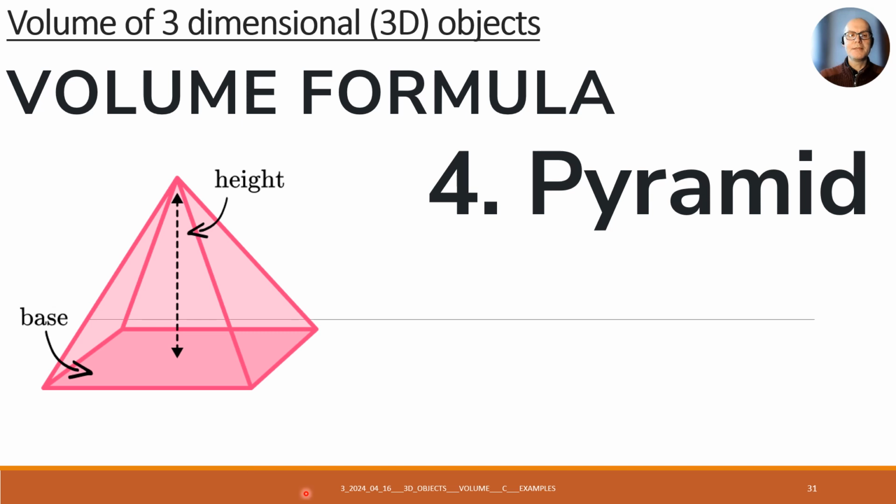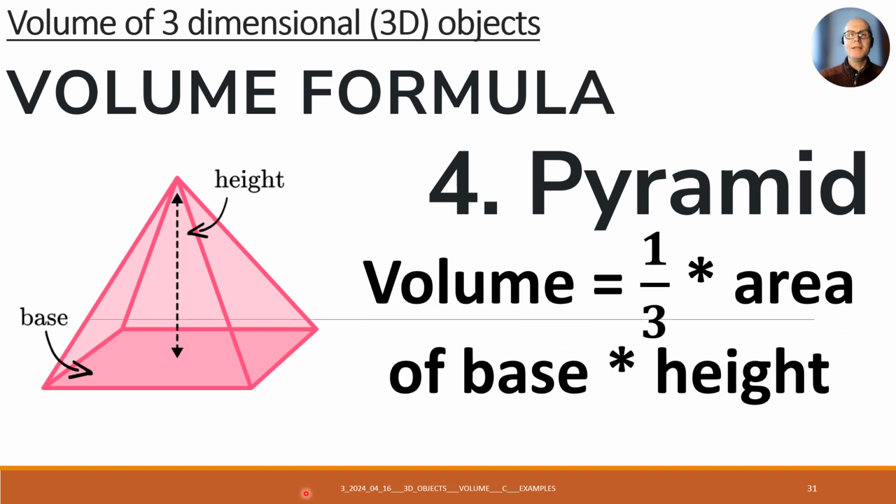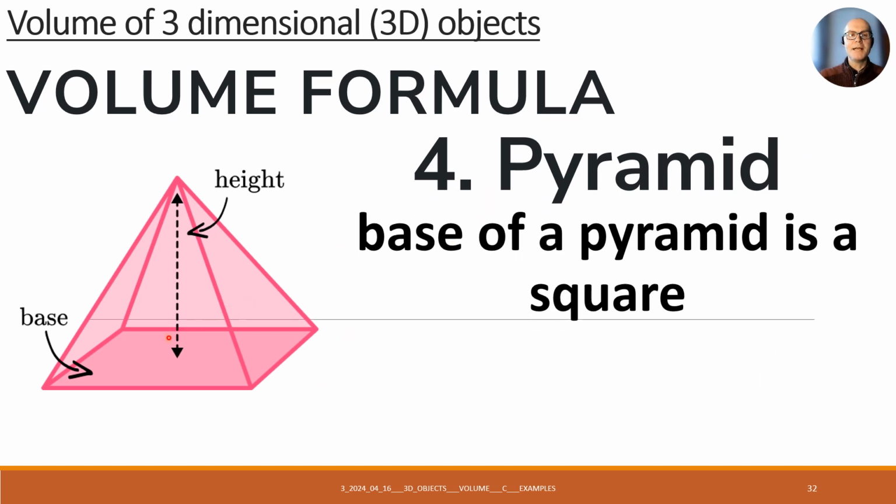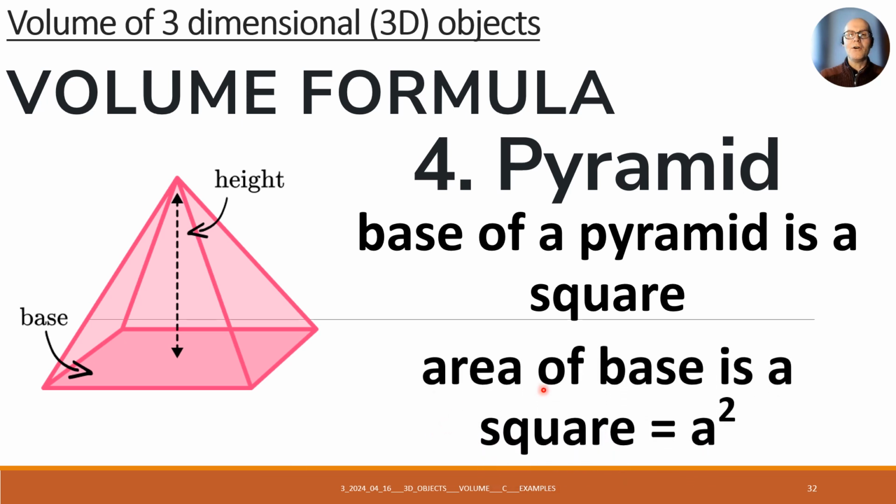Next example is a pyramid. Here's the volume formula for a pyramid: 1/3 of the area of the base times the height. This example of a pyramid has got a square base. The area of a square is a squared.